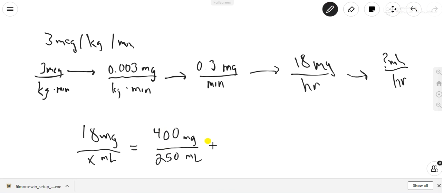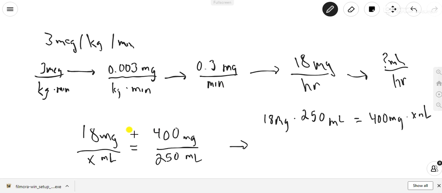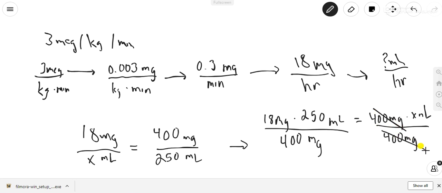And I can solve that proportion here. After I cross multiply, I get 18 milligrams times 250 milliliters equals 400 milligrams times X milliliters. And then when I divide both sides by the 400 milligrams, I get this to cancel out on the right side, leaving me with X milliliters, which is what I'm looking for.